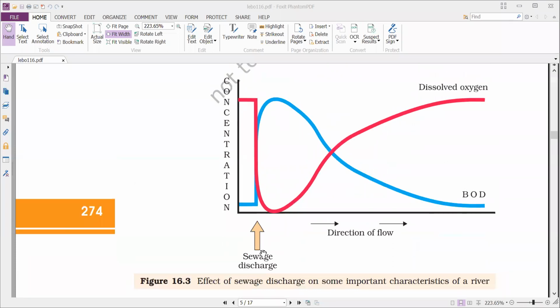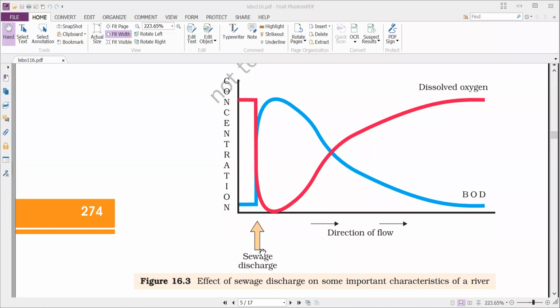So when you observe here, when you discharge sewage water into a nearby water body, we are indirectly adding a lot of organic matter which needs to be decomposed. As more organic matter is there, the microorganisms will utilize more oxygen. So the dissolved oxygen will be less because all the oxygen is getting used up.